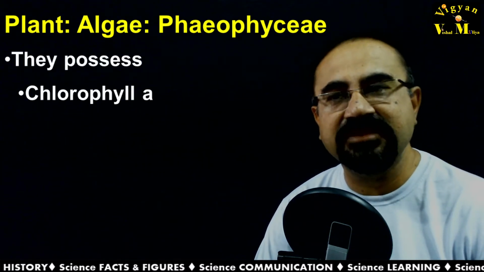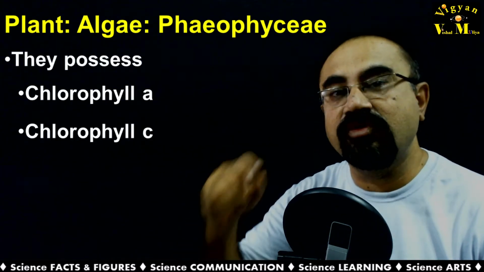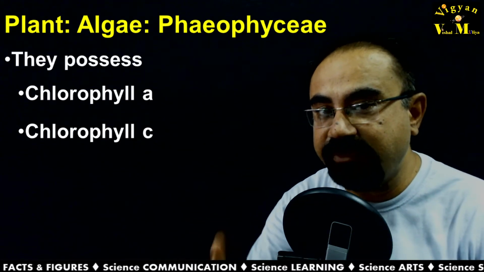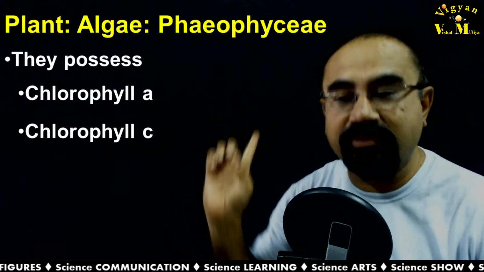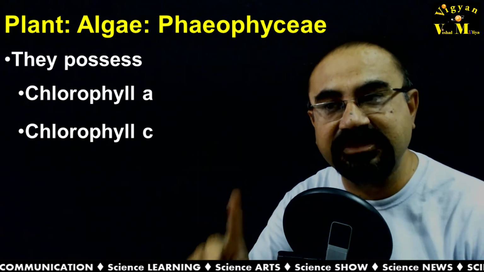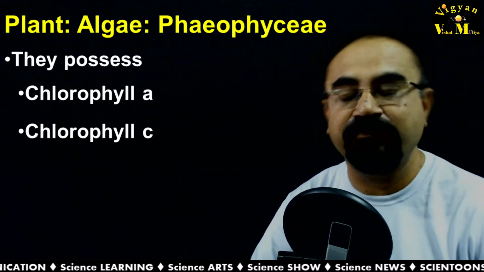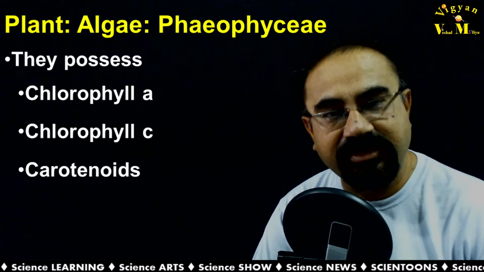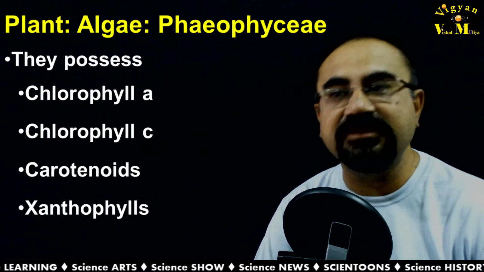They may possess chlorophyll A, chlorophyll C, not chlorophyll B. Try to recall, chlorophyll B is present in Chlorophyceae, but here in Phaeophyceae chlorophyll B is absent. Apart from it, carotenoids and xanthophylls are present.